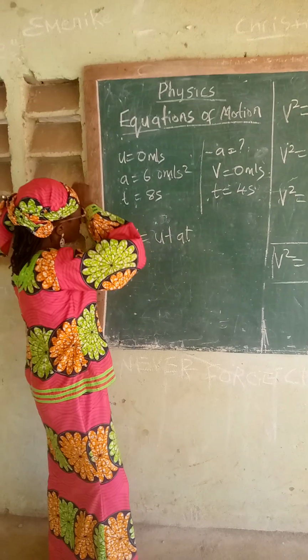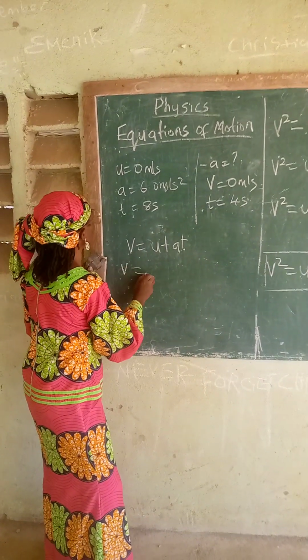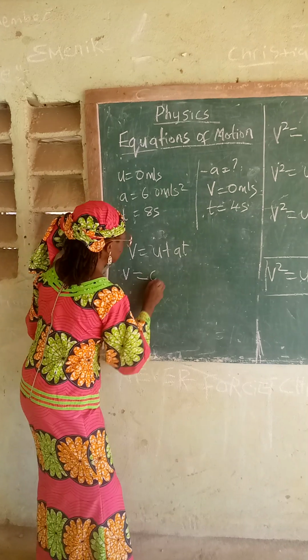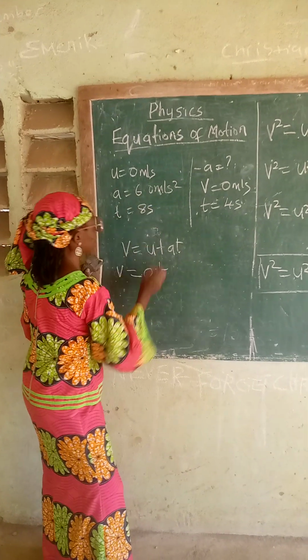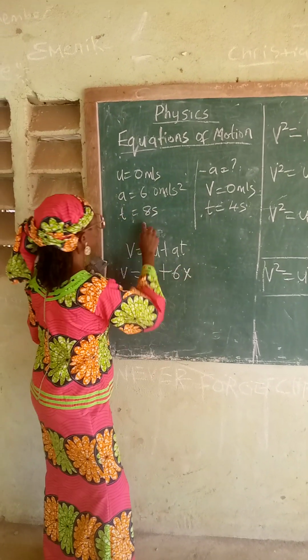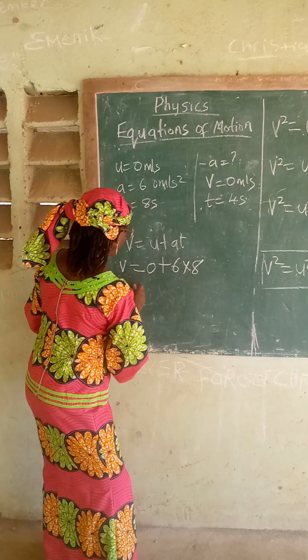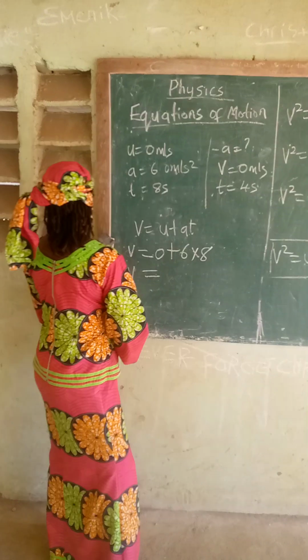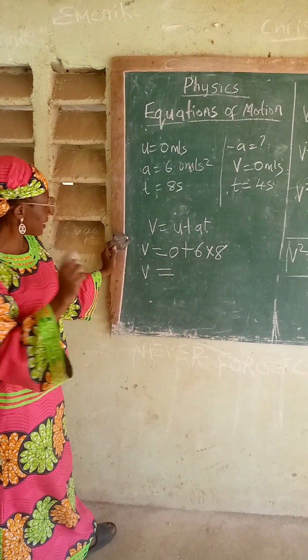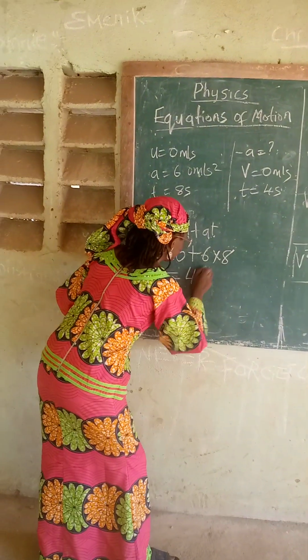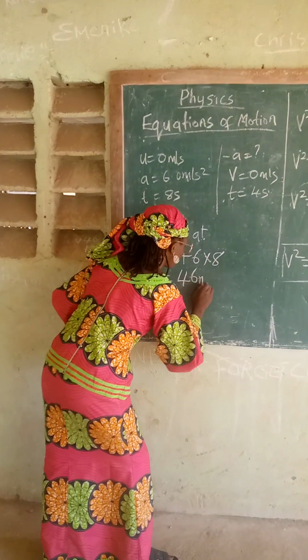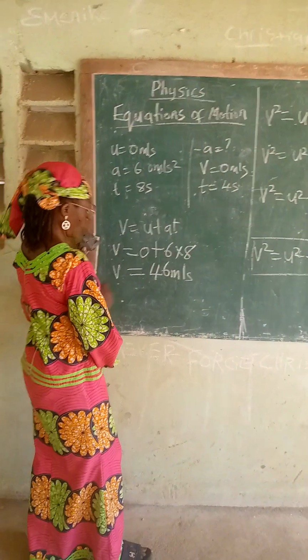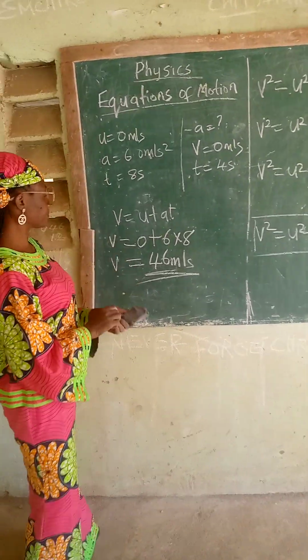Okay, let's do this. We have v is equal to u, which is 0, plus a, which is 6, times time. Time is 8. So we have v is equal to 6 times 8, which is 48 meters per second.